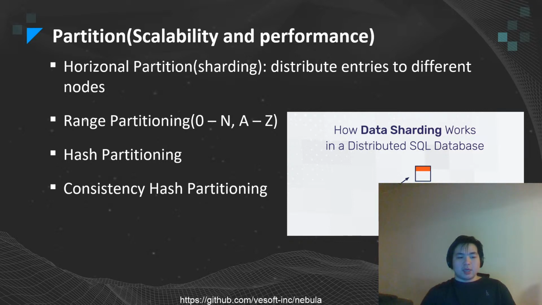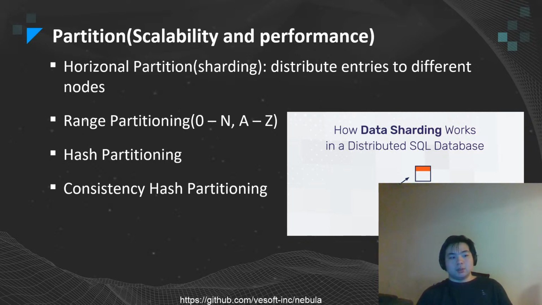It is not the same as what happens on a single PC, where if you add more disks or more memory, you can easily get some performance improvements. However, in a distributed database, we need to let different parts of the data be stored in different components. That is the basic concept of partition.